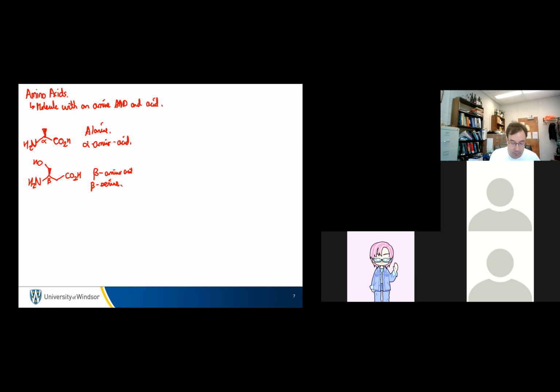It's an amino acid, but it is not an alpha amino acid. When we talk biology, we're almost always talking about alpha amino acids, but amino acids are a broader category. Then you can have weird amino acids.